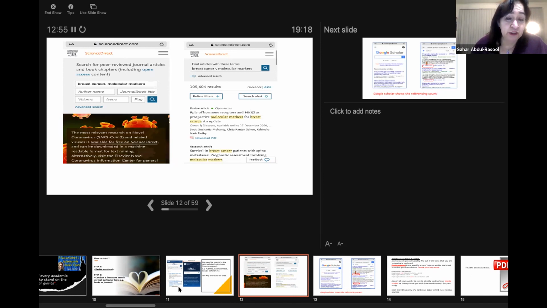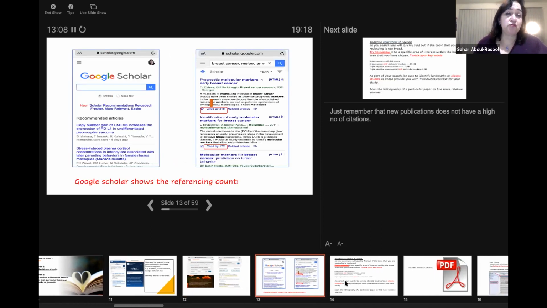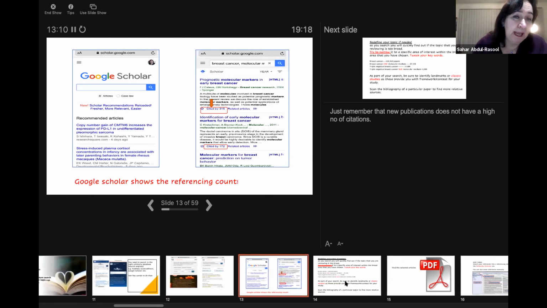The third search engine, so we said PubMed, this is one of the most scientific medical search engines. We have the Science Direct, also another scientific medical search engine. And the third search engine is Google Scholar. And Google Scholar is useful because it's not only giving you the paper, you might be able to see how many people have cited that particular article.